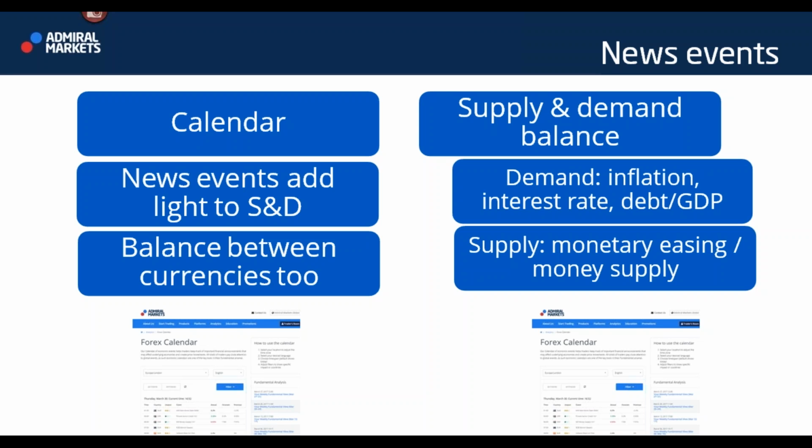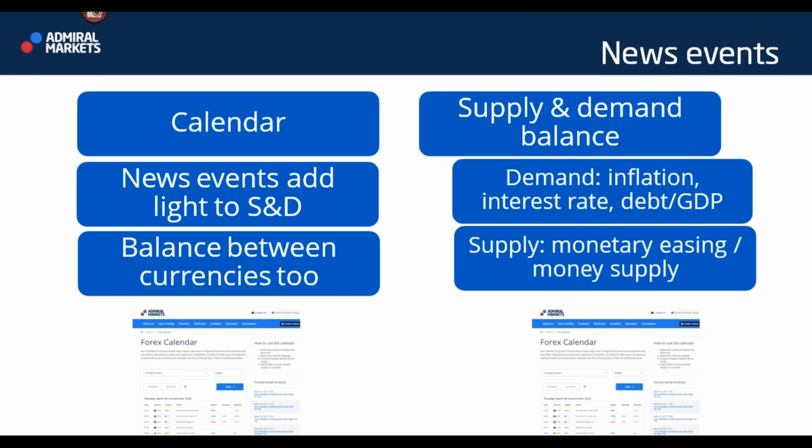So the supply, monetary easing, the money supply, that is the supply itself. If there's a lot of supply, then of course the value of that currency is decreasing. A simple example: if there are 100 $1 bills in this room where I'm giving this webinar, and all of a sudden it goes to 150, one of those dollar bills is worth less when there are 150 compared to 100.